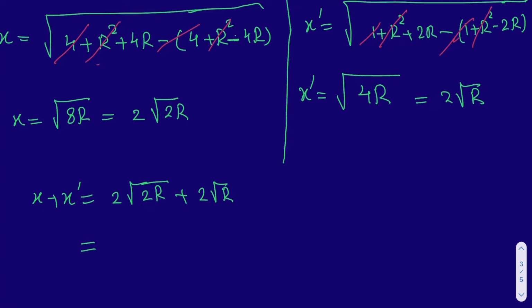So let's see, square root of r is common in both, and also 2 is common in both. So let's factorize 2 square root of r.